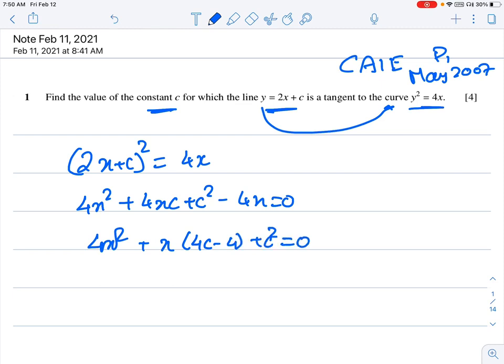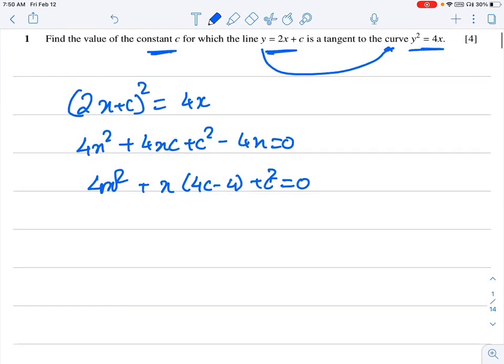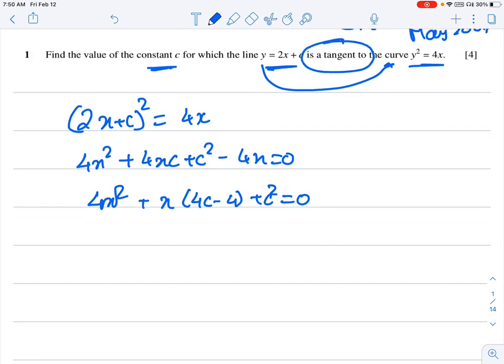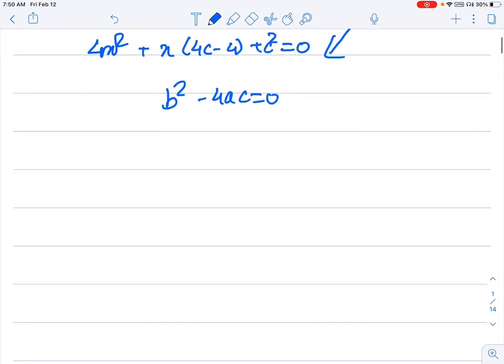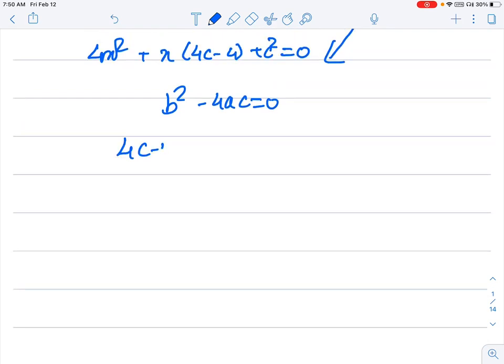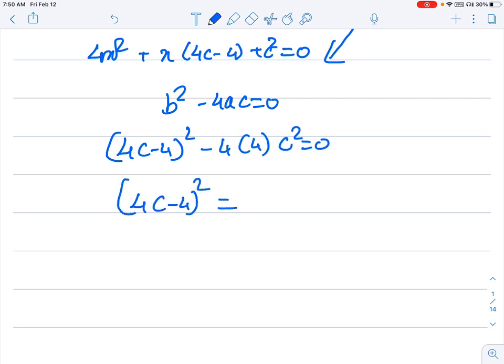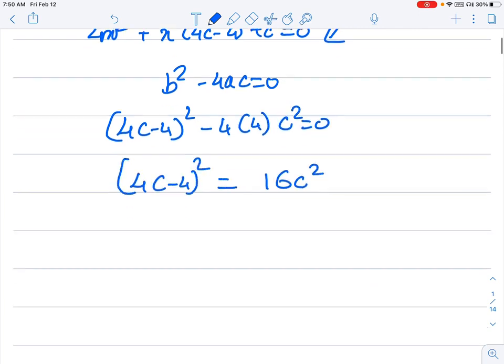It is a quadratic. So once it is a quadratic and it is a tangent, right? Whenever it is a tangent, we need to prove that b square minus 4ac is equal to 0 for that quadratic. So I take (4c minus 4) whole square minus 4 times c square is equal to 0. (4c minus 4) whole square is equal to 16c square.